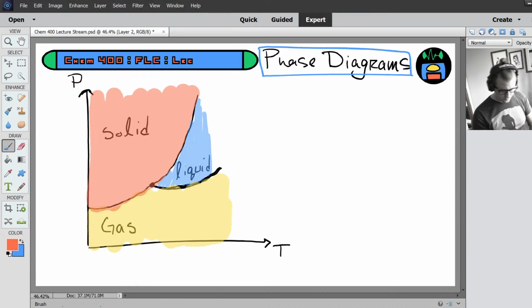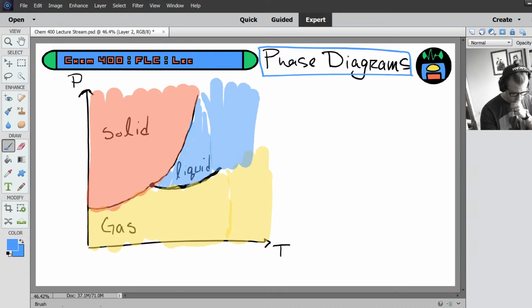All right, and actually, I'm just going to color this in just a little bit more. Okay. And let's just, I just want to make this line a little more bold.